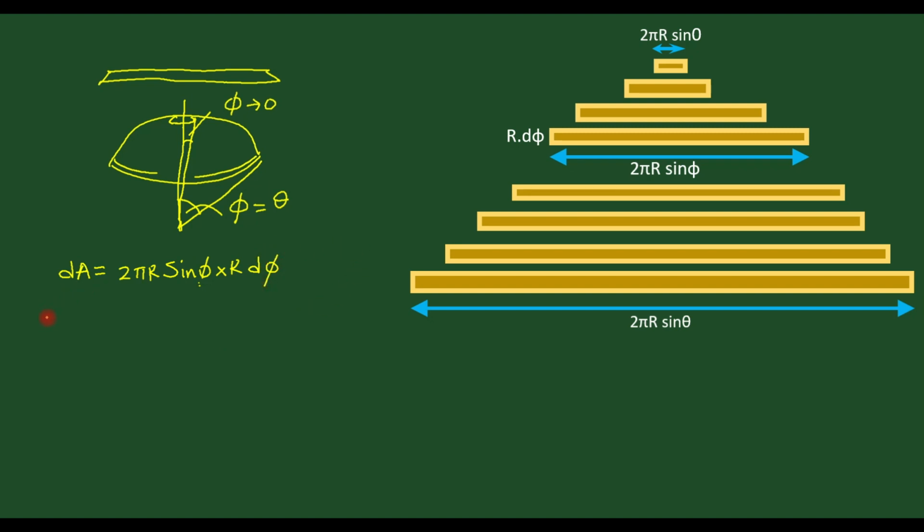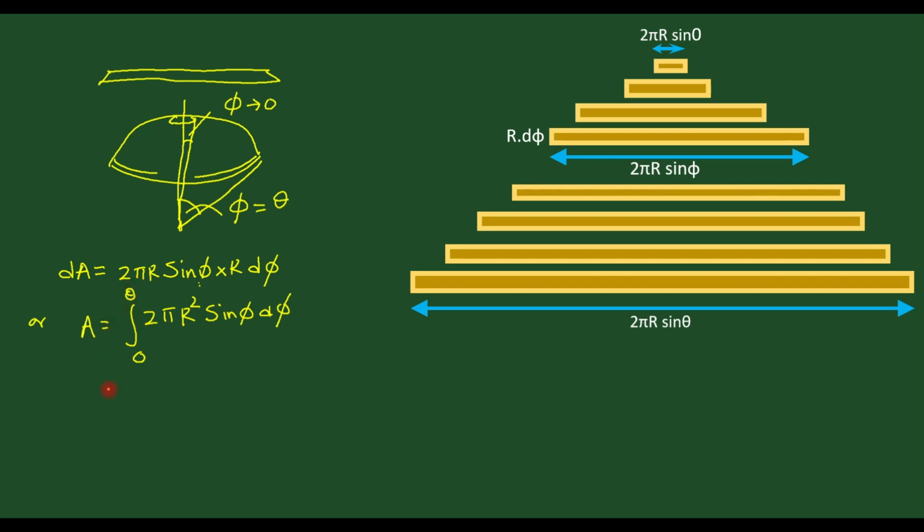So to get the total area, we will go for integration. A equals the integral of 2 pi r square sin phi d phi. The limit for the variable phi, as we have discussed here, is from 0 to theta.